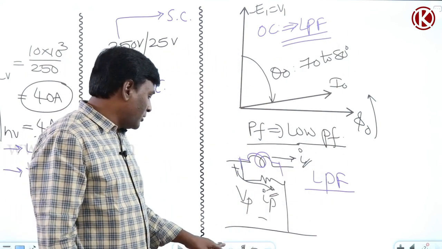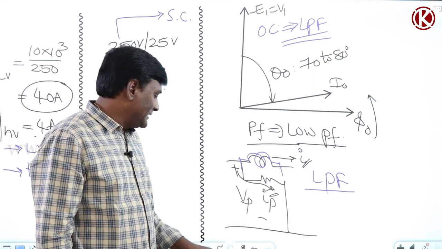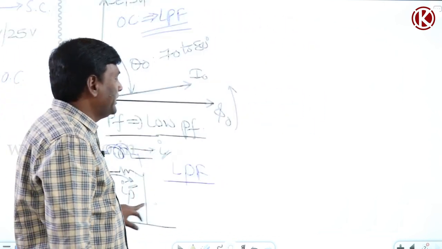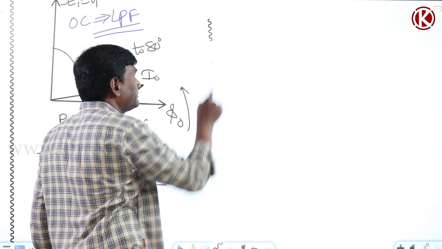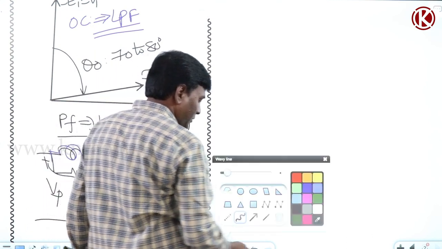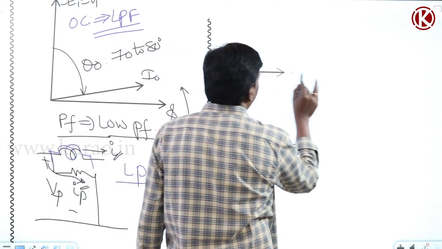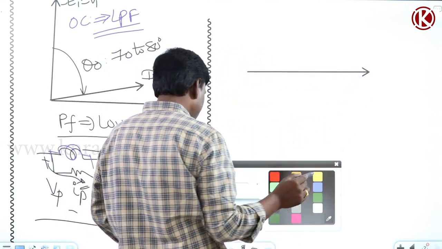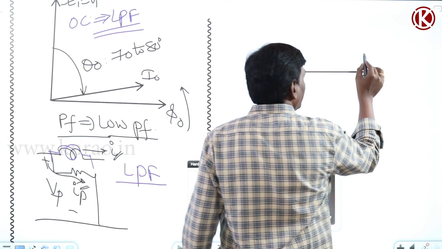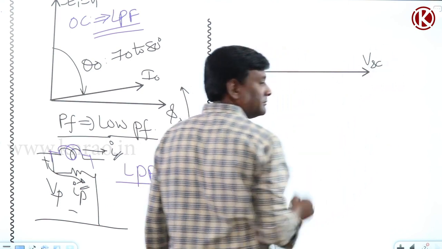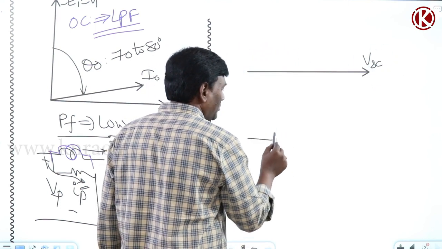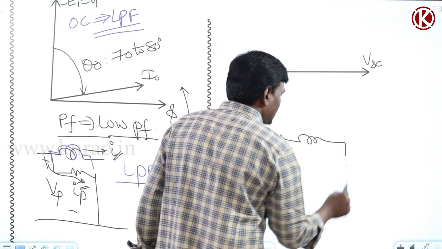Now let us think of the SC test. If I try to draw the phasor diagram, for example, this is VSC, the short circuit voltage, because in the SC test this is the model.